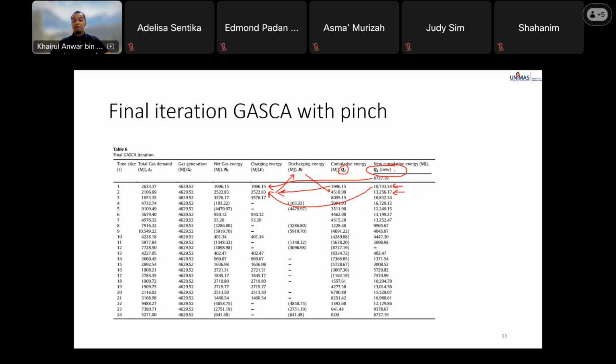Yeah. So for this value, if it's DT, then you need to minus DT. For charging energy CT, it's summation plus. All right.